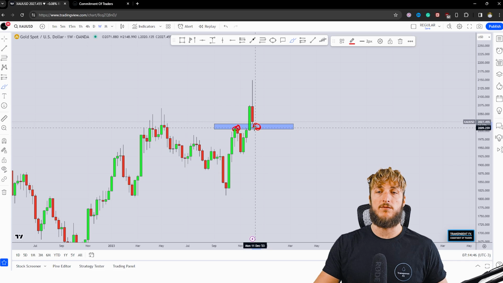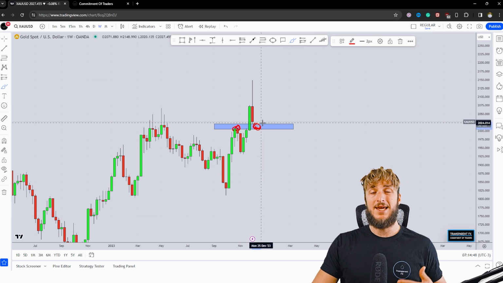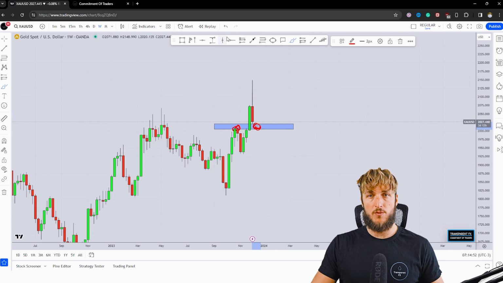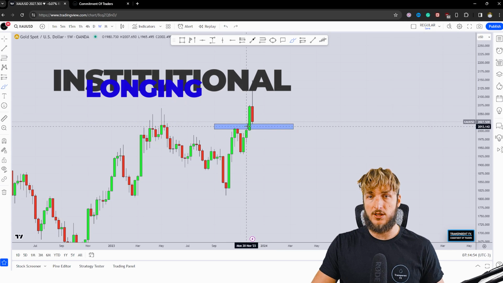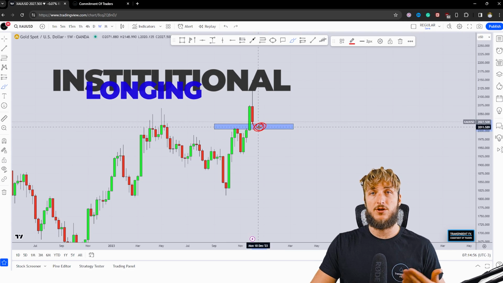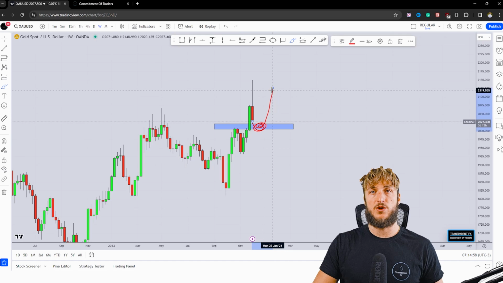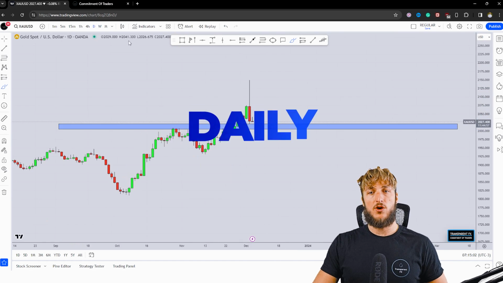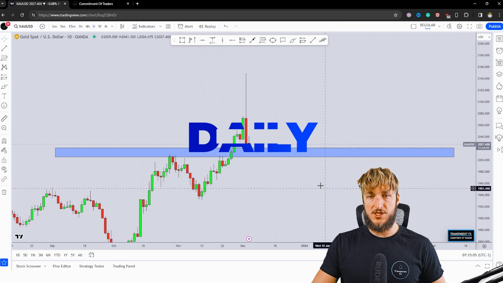What we know is that inside of a confluence of support area, you have increased probabilities of getting institutional longing, which in this case would further increase the probabilities of a potential rejection to the upside away from this level. Dropping down on the daily time frame, what do we see?